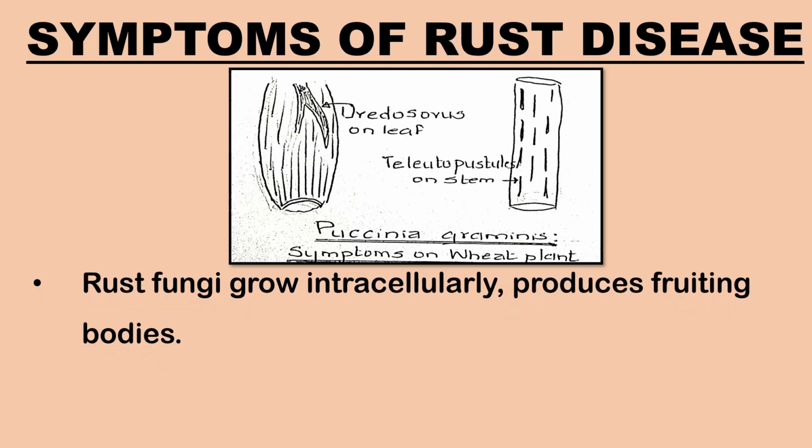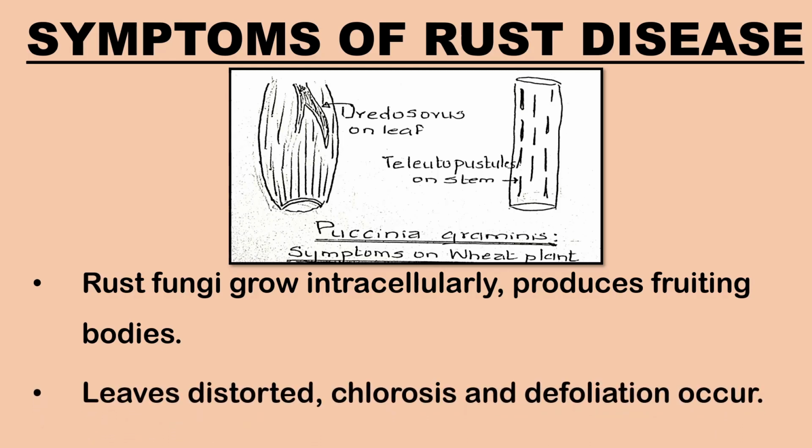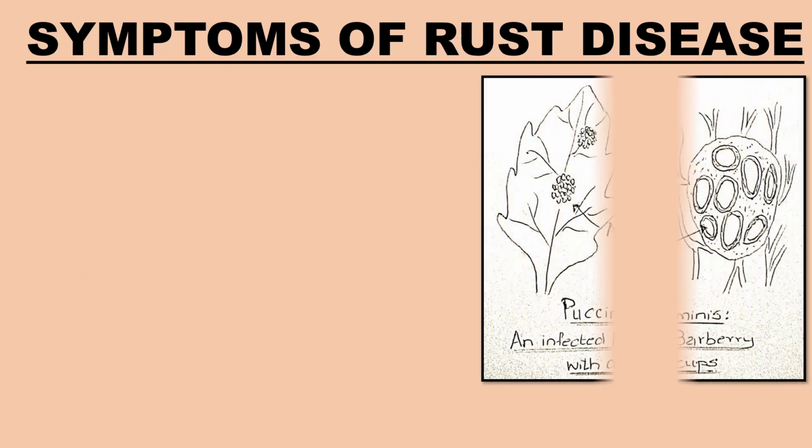Rust fungi grow intercellularly and make spore-producing fruiting bodies on the surface of the affected plant parts. Affected leaves get distorted, turn yellow, chlorotic, and defoliation occurs prematurely.